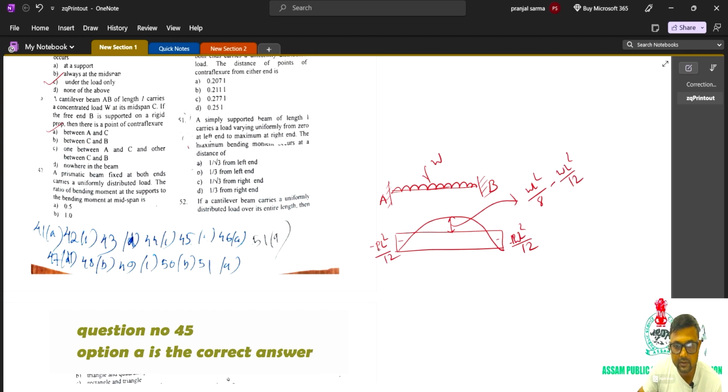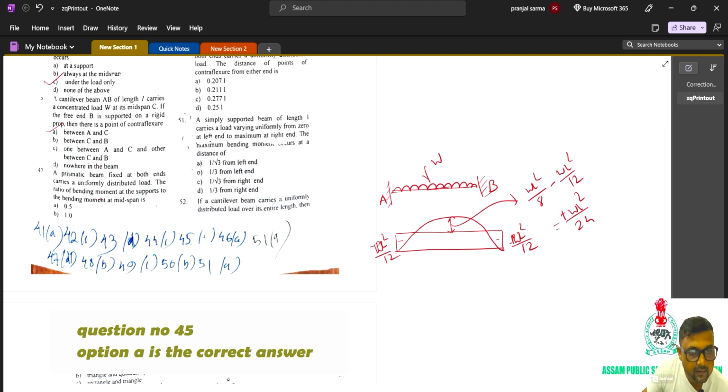So how much? 24, 3 minus 2, 1. W L square by 24. So here I'll have WL square by 24, and here WL square by 12.